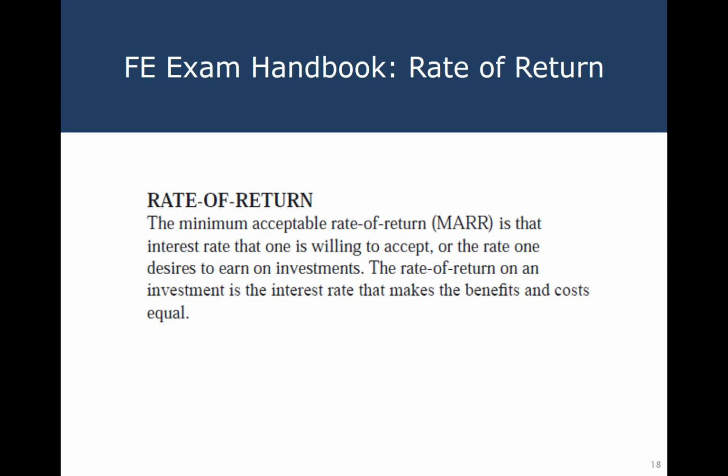The rate of return on an investment is the interest rate that makes the benefit and cost equal. So it's like a minimum acceptable rate of return. Below that rate you lose money, and if this rate is lower than the bank's, you borrow from a bank, and maybe you're going to gain some money.